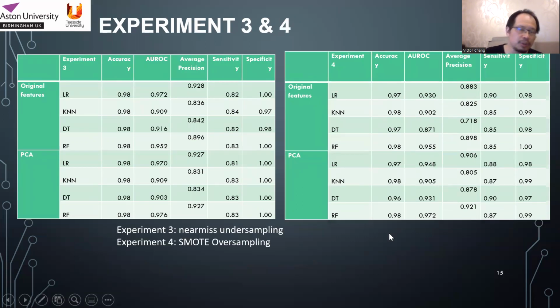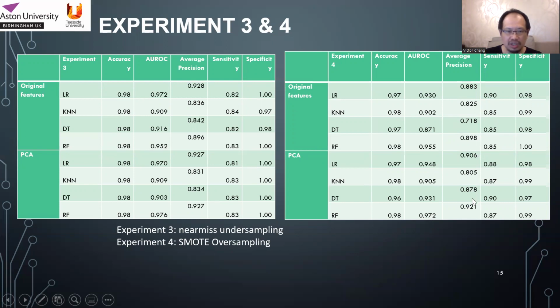And accuracy now changes between 0.97 and 0.99. For experiments 3 and 4, experiment 3 is NearMiss undersampling, and experiment 4 is SMOTE oversampling. In this case, you notice there are not too many changes for accuracy. And AUROC, as you can see, has some slight differences. The most obvious difference is the decision tree being slightly lower, but most of the results are very comparable. The average precision has a slight decline, and the most obvious one is the decision tree, which is slightly less compared to the result here.